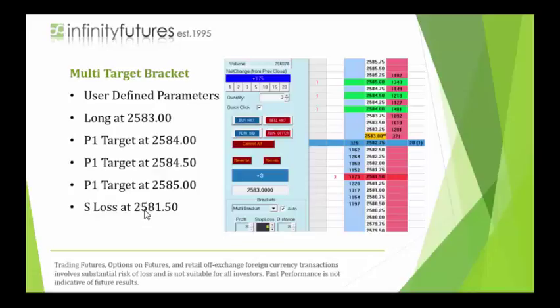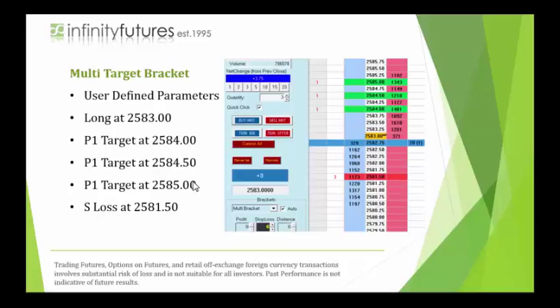Multi-target bracket is really the same thing. Again, user-defined parameters, right? So in this particular case, this allows us to enter trades either on the long side or the short side in increments, in bigger lot sizes. So maybe 2 lots or 3 lots or 4 lots or 5 lots, however many you want to do. And then we could separate, bifurcate if you will, the profit targets for each of those contracts.